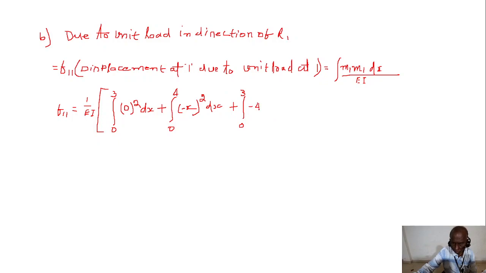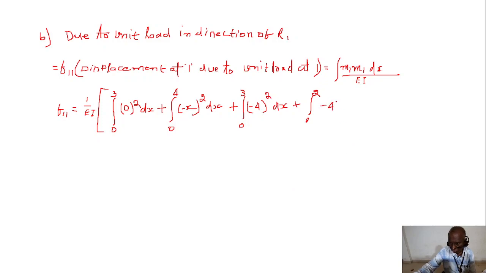So minus 4 whole square into dx, plus 0 to 2, the segment A, this is also minus 4.